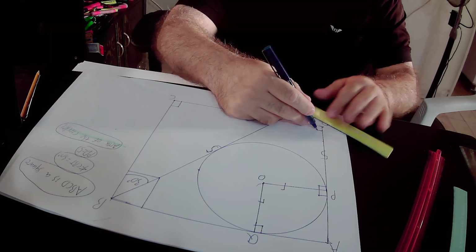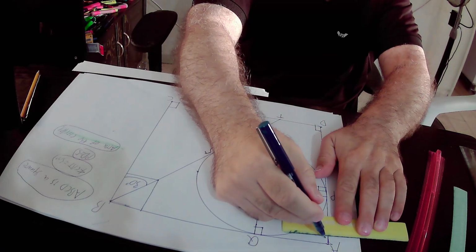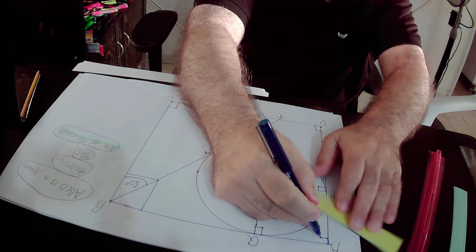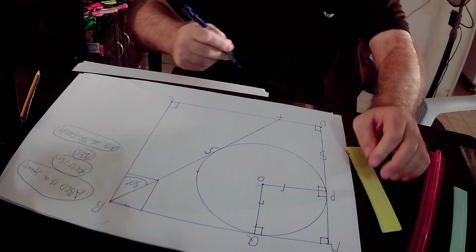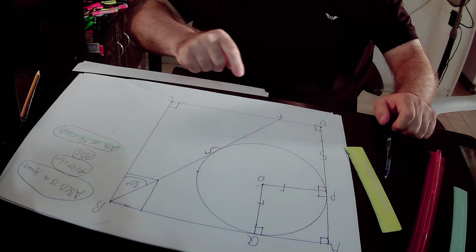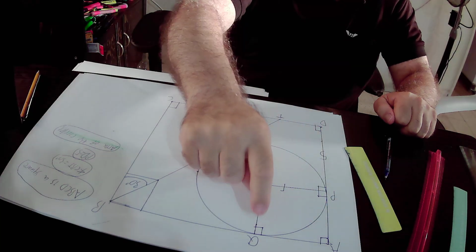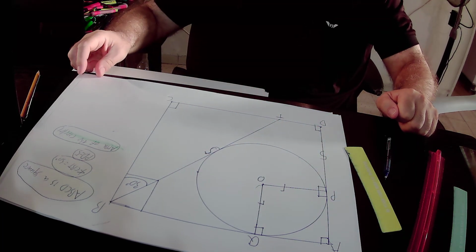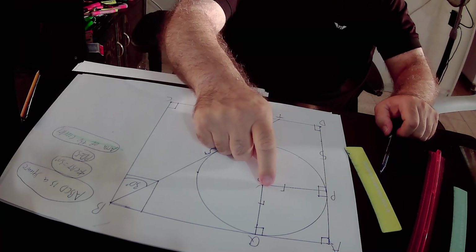And finally, this angle will be equal to 90 degrees. So actually, inside quadrilateral AQPO, we have 1, 2, 3 right angles. The sum of 3 right angles is 270 degrees, plus the size of this fourth angle.